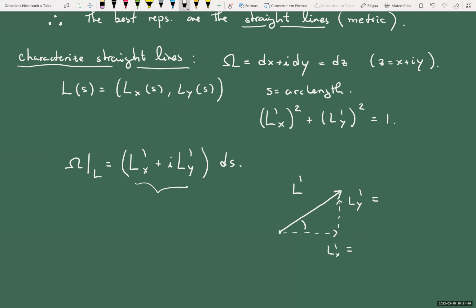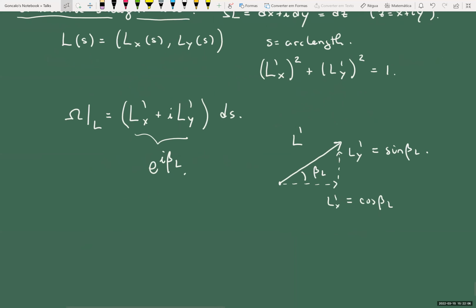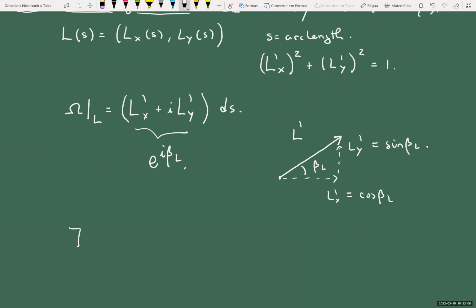If you look at this angle, let's call it beta L, between the x-axis and L prime, then Lx prime is cosine beta L, and Ly prime is sine beta L. And so this thing here is e to the i beta L. So what you find is that there is this function e to the i beta L from L to the circle inside C.